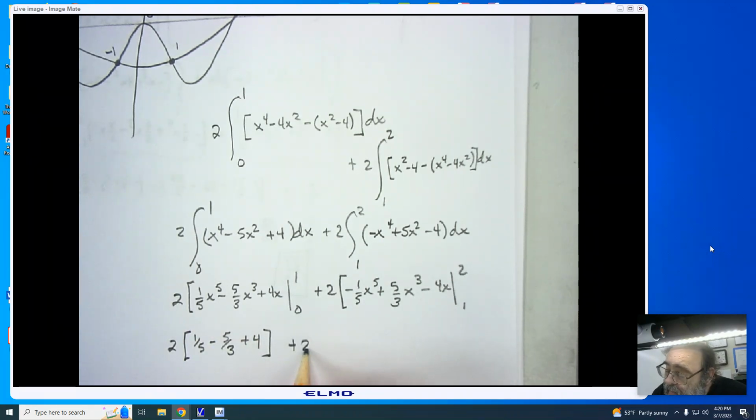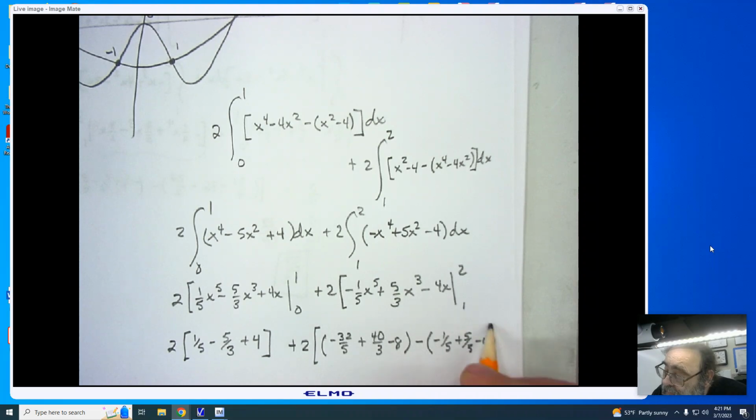And we're doing plus 2 times. And now we have two different pieces. So our first is negative 32/5. We have plus 40/3, and we're subtracting 8, minus. Now we're putting in the 1 for minus 1/5 plus 5/3 minus 4.